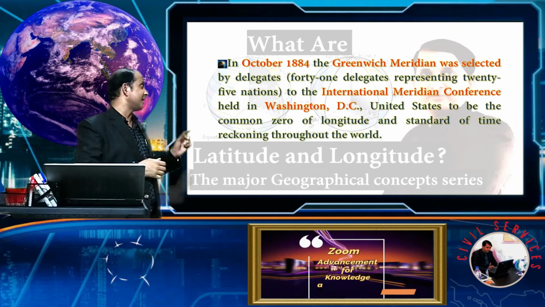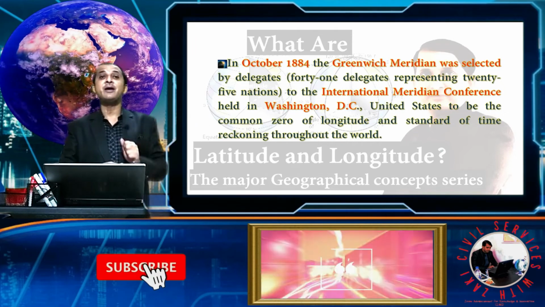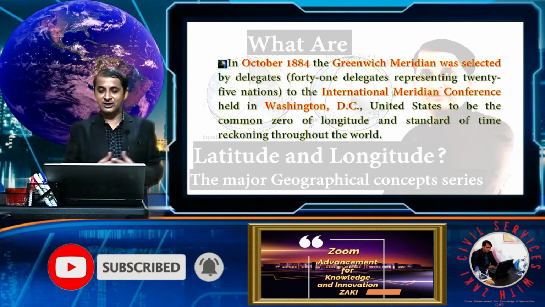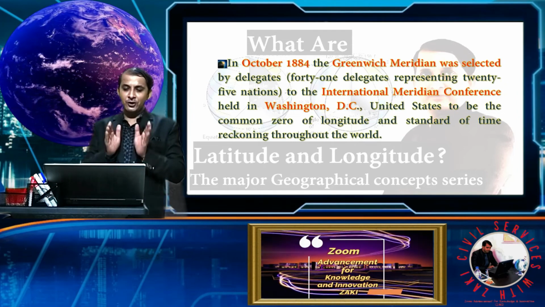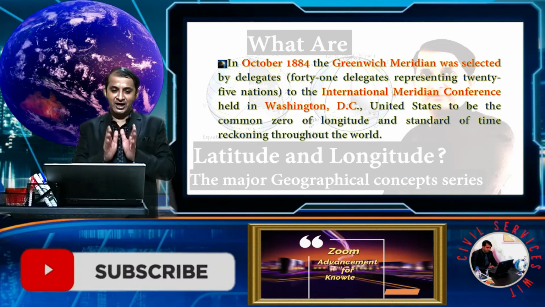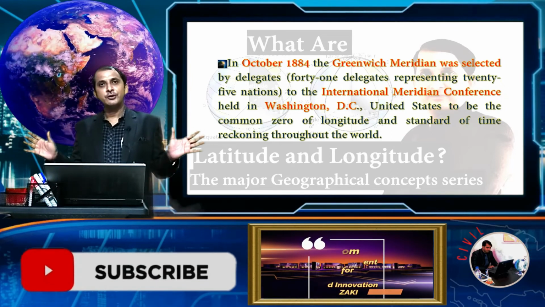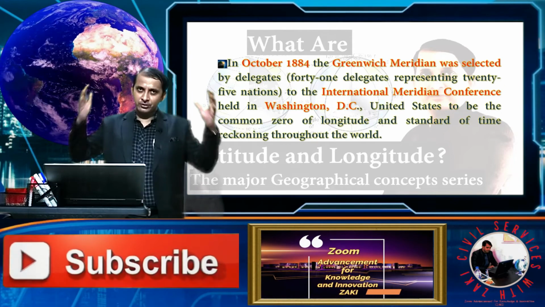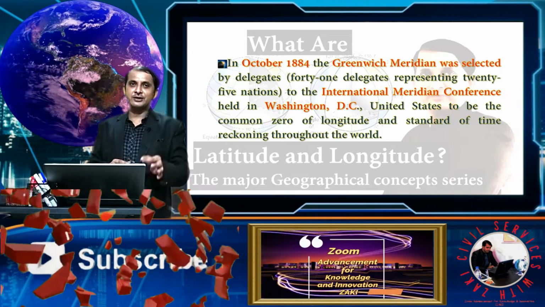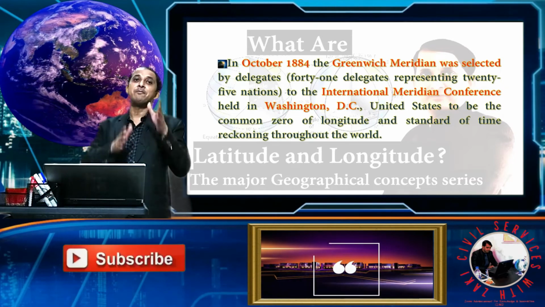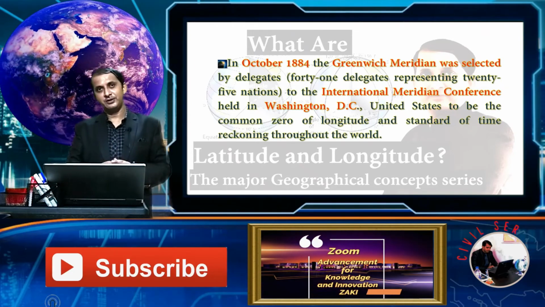It was held in Washington DC, United States, to decide the common zero of longitude and standard time throughout the world. It is accepted throughout the world. So that's why we consider Greenwich as the prime meridian.